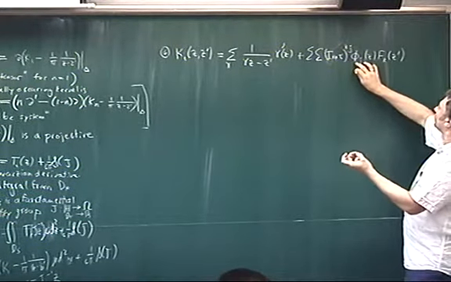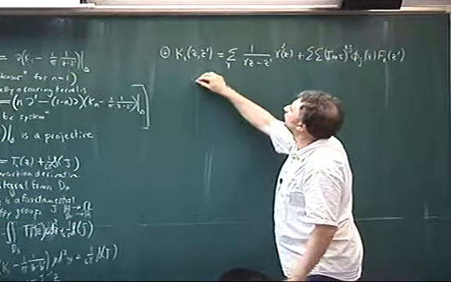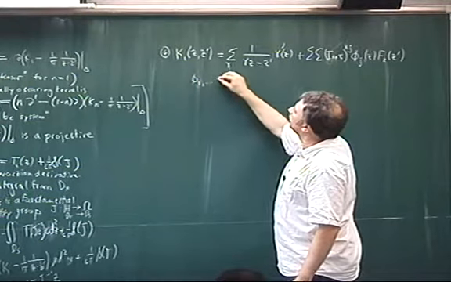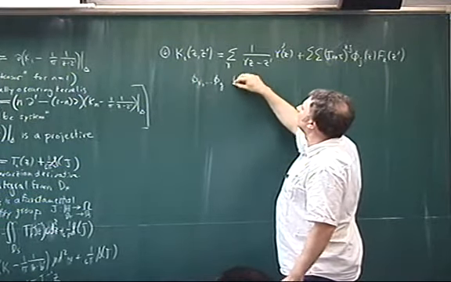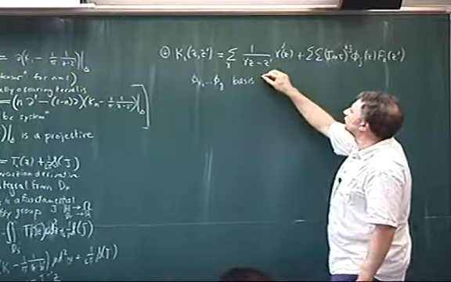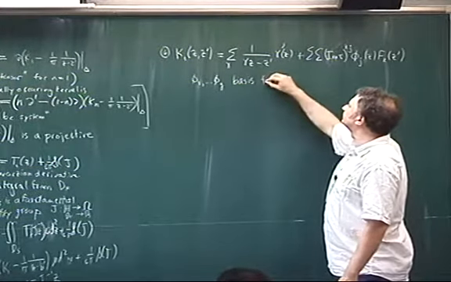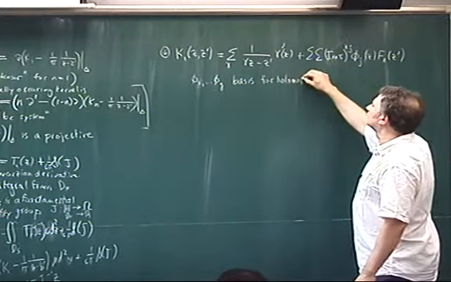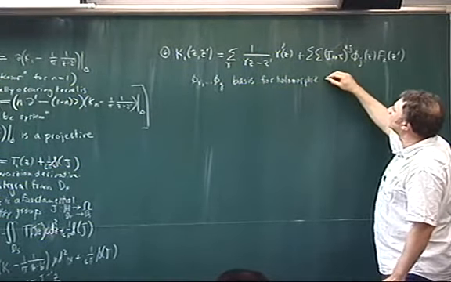So this is the projector onto the kernel because phi 1 through phi g are a basis for holomorphic differentials.